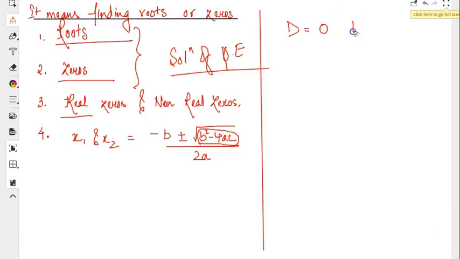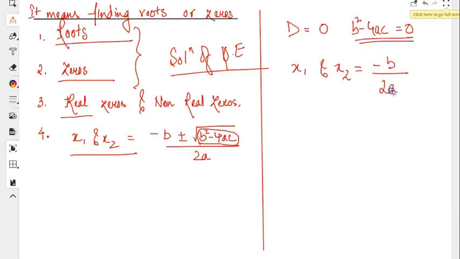If b square minus 4ac becomes 0, which can happen, then what will be my solution? My solutions x1 and x2 will both be the same, and that is minus b by twice a, because this part became 0, right? So this is case 1.